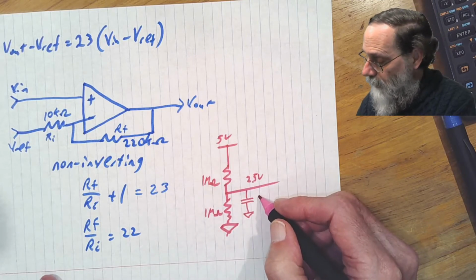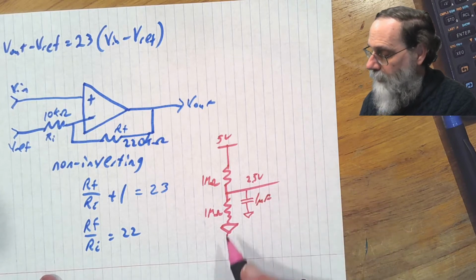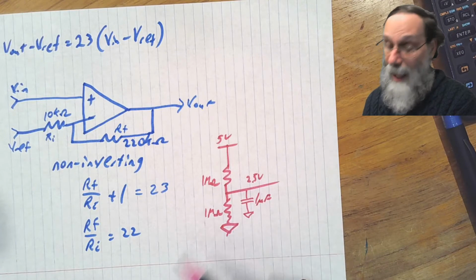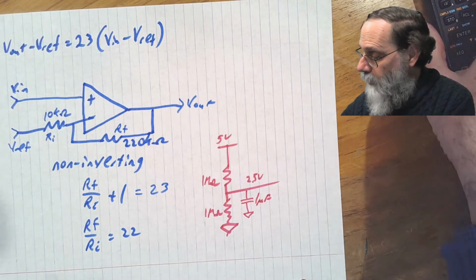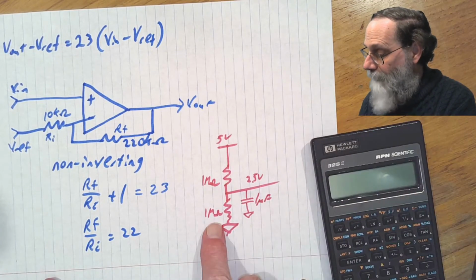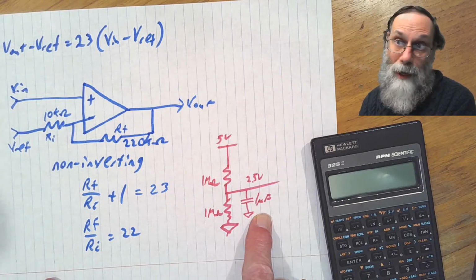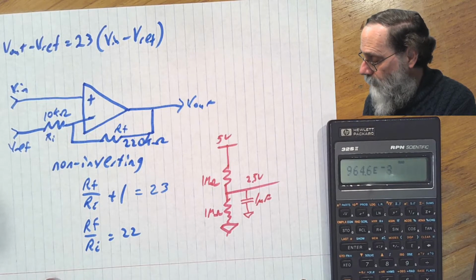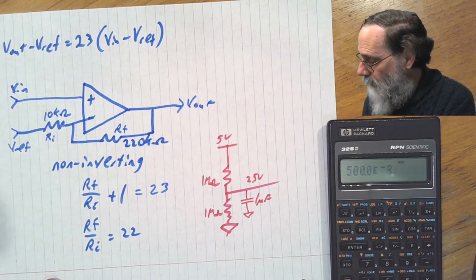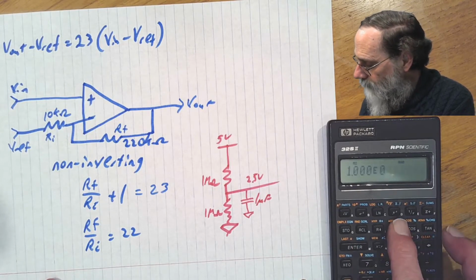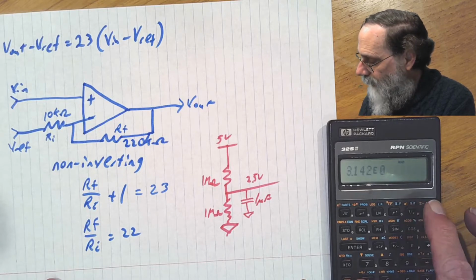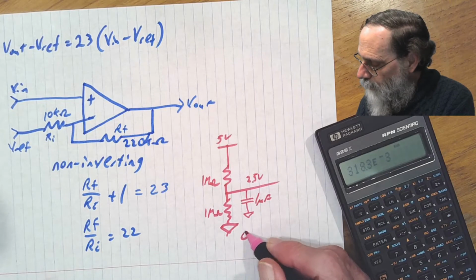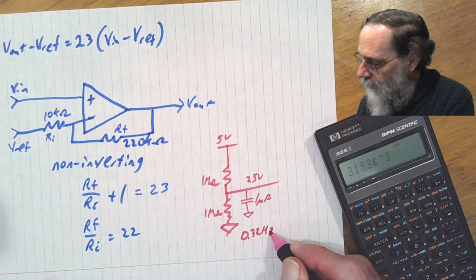If we put something like 1 microfarad here, then the Thevenin equivalent of this voltage divider would be half a mega ohm. So we would have a time constant of half a mega ohm times 1 microfarad, or half a second. And that would mean a frequency: if we take that half second, multiply by 2 pi, and invert, we have about 0.32 hertz as our corner frequency.